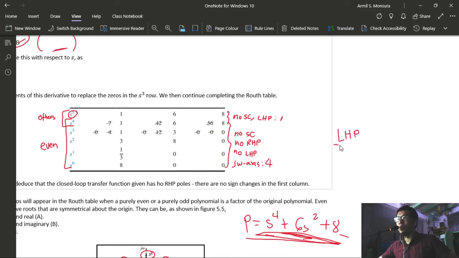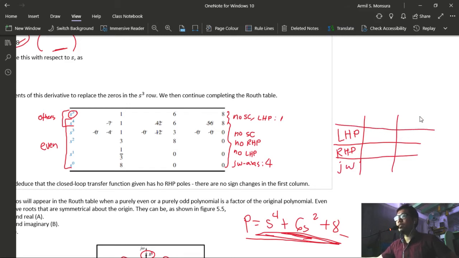Tapos, we have right half plane. Tapos, meron kayong j omega axis. Tapos, meron siyang dalawang possible source: meron siyang even, meron siyang others, tapos i-total natin siya.